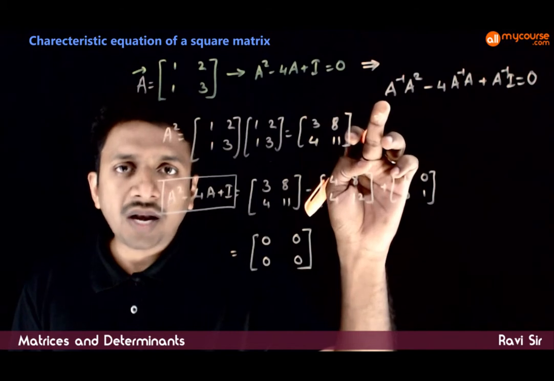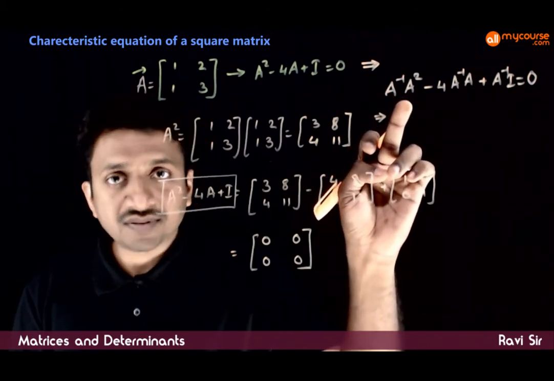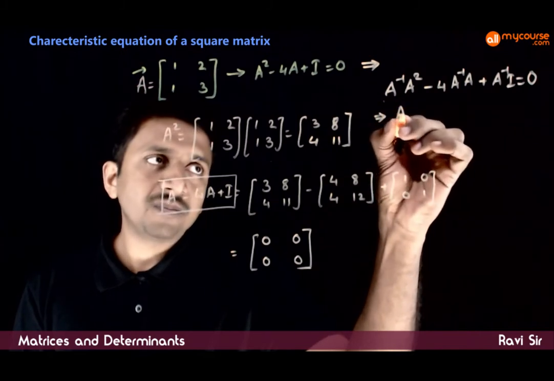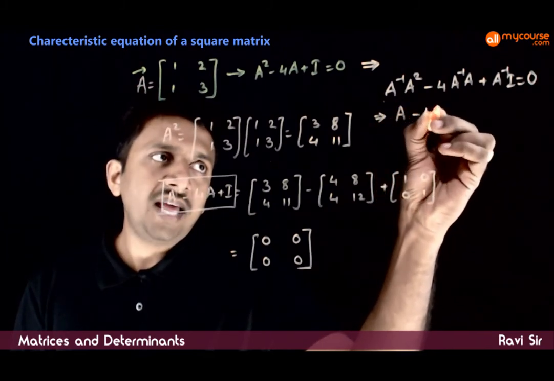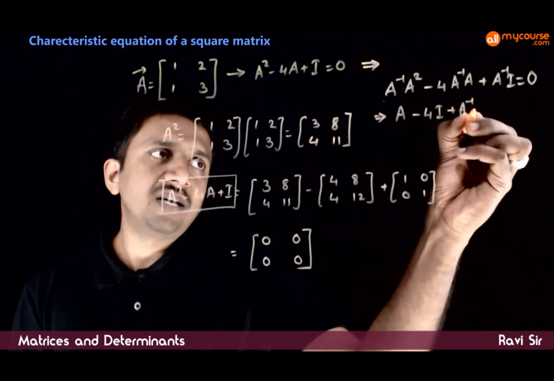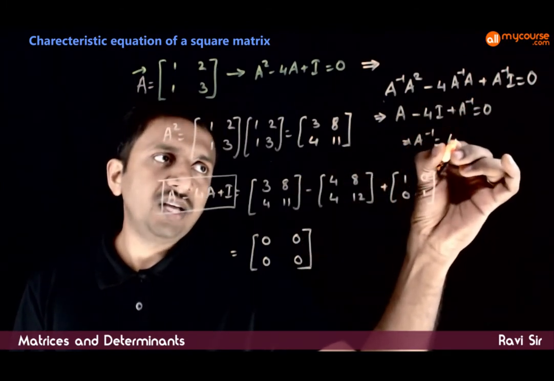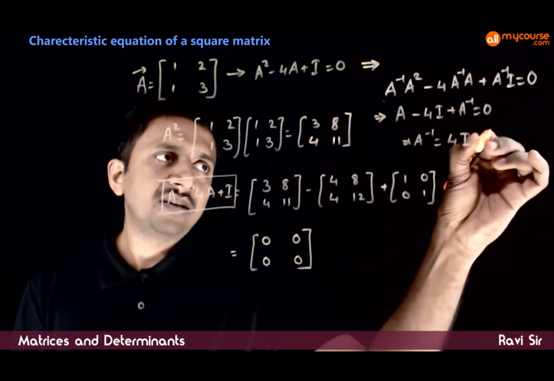We know that A inverse and A gives I as the answer. So A minus 4I plus A inverse is equal to 0. So A inverse has to be equal to 4 times I minus A.